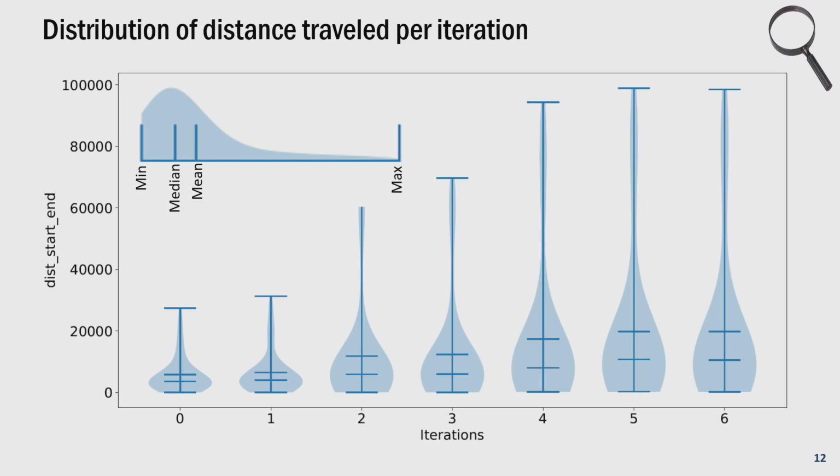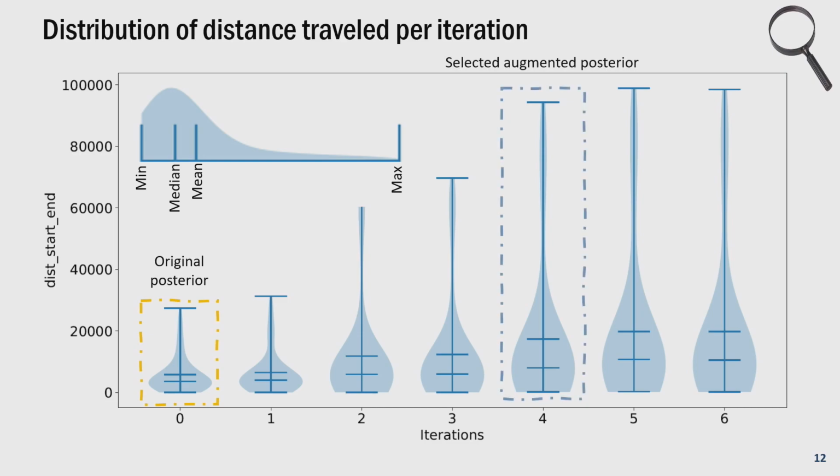I'm using violin plots that show a smooth histogram of the distribution of the data. So here I'm showing all the particles. It's a summary of all the particles from all realizations for each of the iterations after we augmented the workflow. So that's our original posterior, and that's our selected augmented posterior.